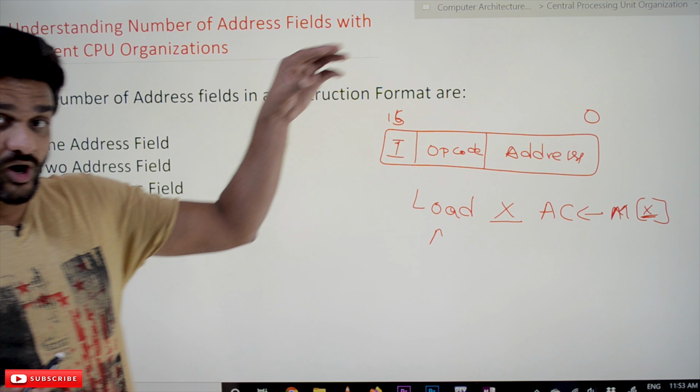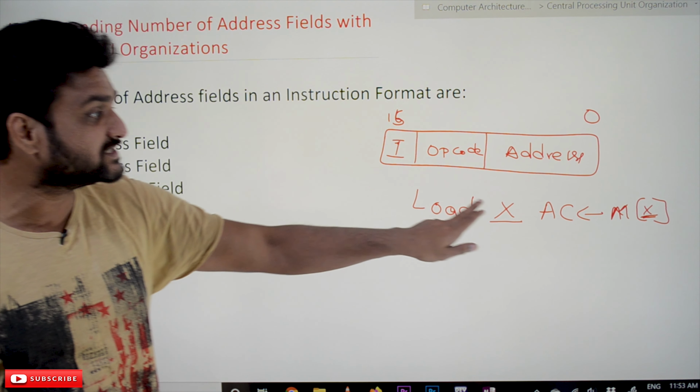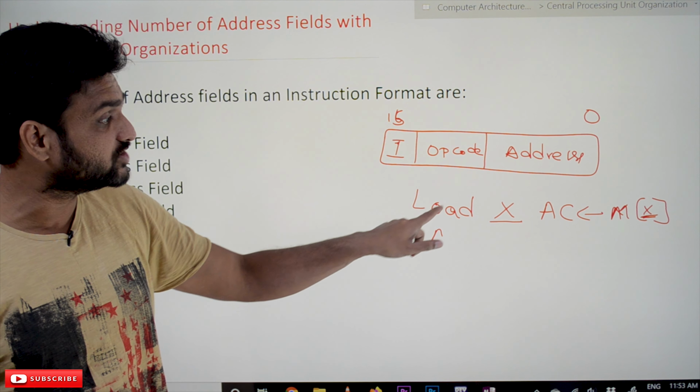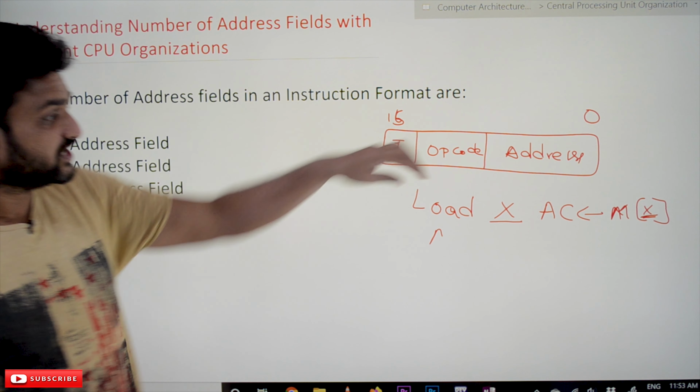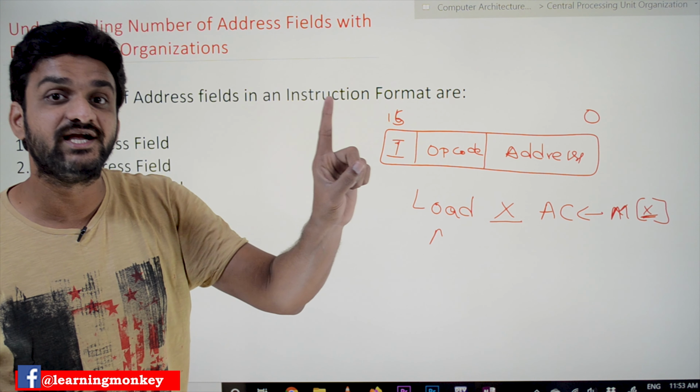Where the operand is present, that memory location is provided as the address part of the instruction, and this kind of instruction is using one address field.